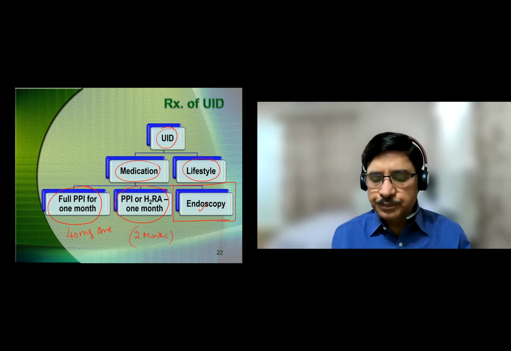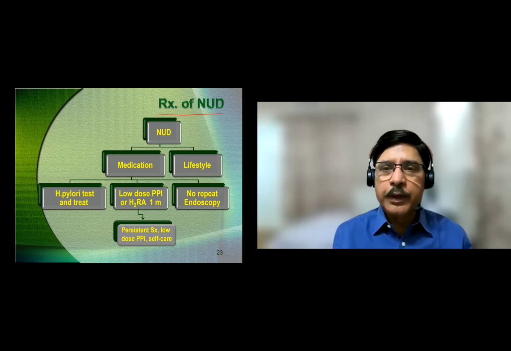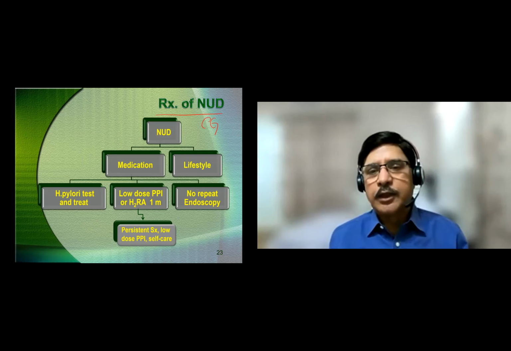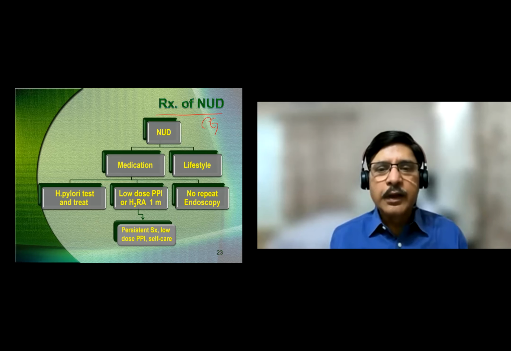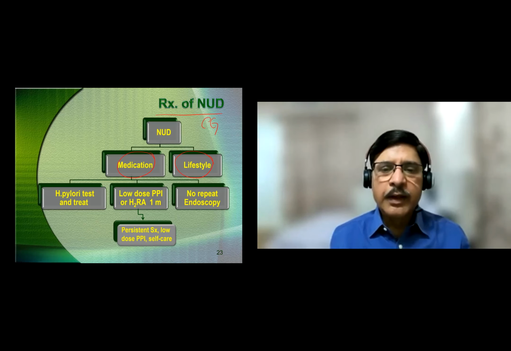Okay, then NUD. You did an endoscopy and the report came as NUD or chronic gastritis. The report might read chronic gastritis or non-ulcer dyspepsia. There is no ulcer, there are patchy erosions here and there, looks like gastritis, that is the picture they give. CG, chronic gastritis or NUD, again, reviewing the medication and lifestyle is essential.